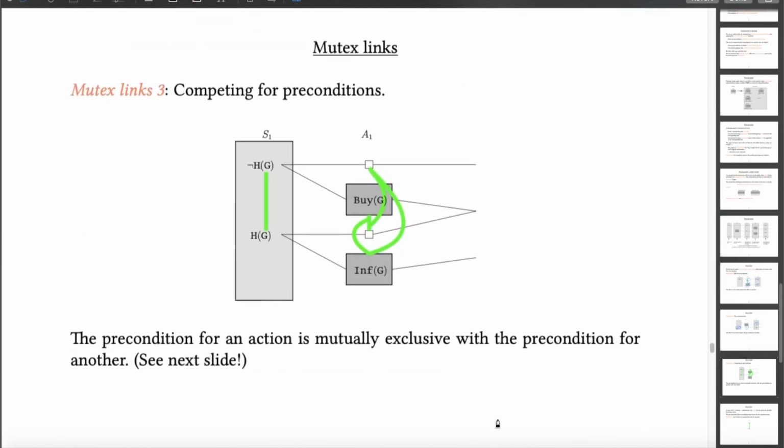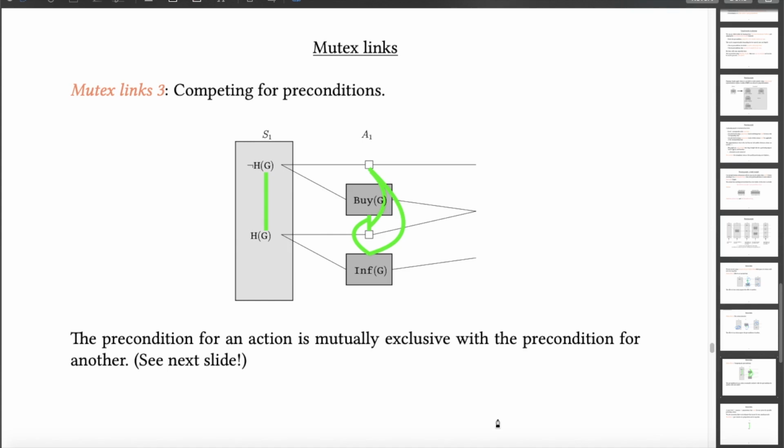For the third kind, now we say that 2 actions are mutually exclusive if a precondition for one of them is mutually exclusive with the precondition for another. And I'll come on to what it means for propositions within state levels to be mutex in a moment. But in this case, we have a whole bunch of actions that are mutex because they're competing for preconditions.